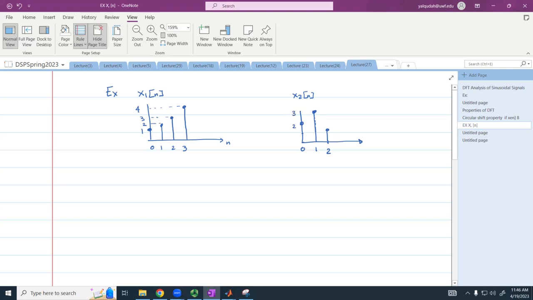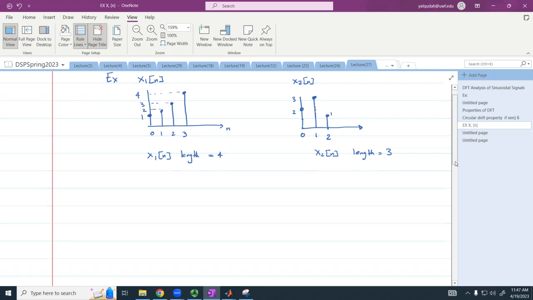So x1 has a length equal to 4. x2 of n has a length equal to 3.